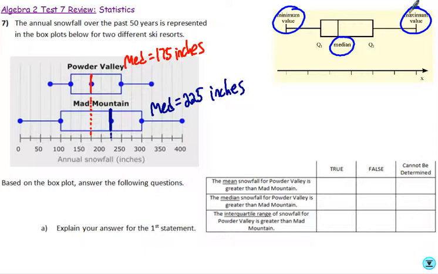It doesn't tell you the average, because you need to know every single data point. I don't know how much it snowed each year at these places. We just know the most snowfall, the least snowfall, the median, but we don't have year by year information. So we cannot say that we know anything about the mean.